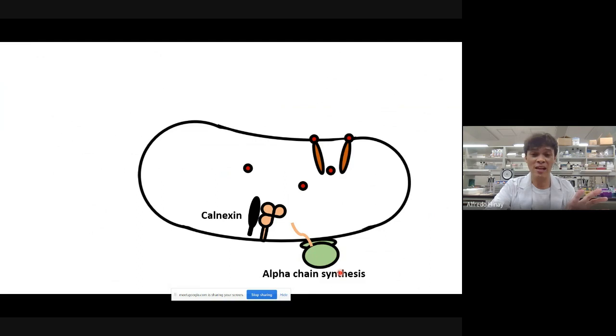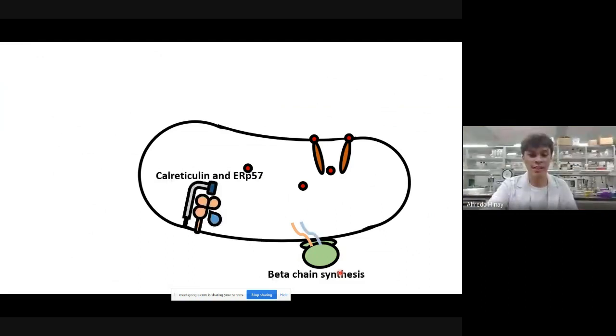Kaso hindi pa gumagawa ng beta chain. Para maging stable si alpha, calnexin, because wala pa si beta 2 microglobulin. So siya muna yung mag-a-assist kay alpha chain. Tapos after nito, pag stable pag andyan na si calnexin, and then your ribosome will now produce your beta chain.